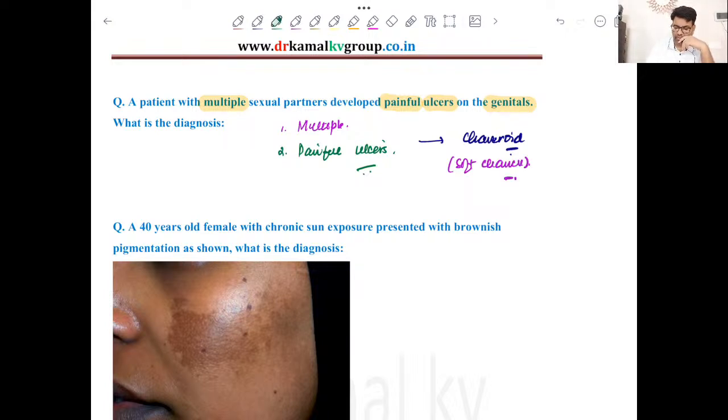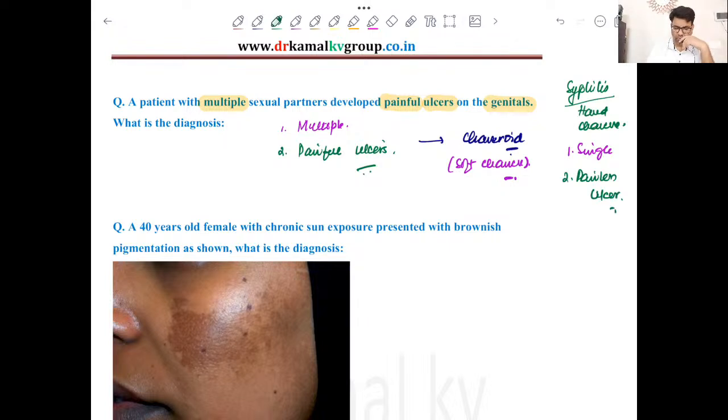Now, this has to be differentiated from syphilis, which is also known as hard chancre, and here the lesion is single, and it is a painless ulcer, right?